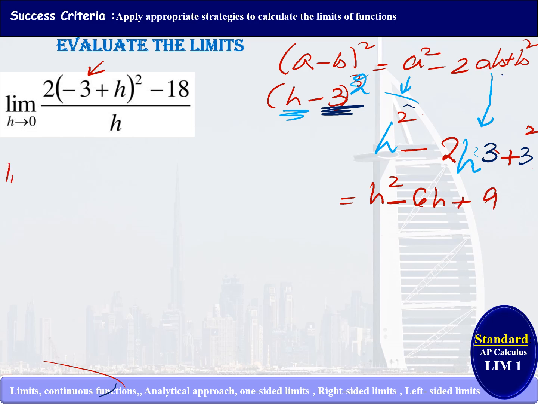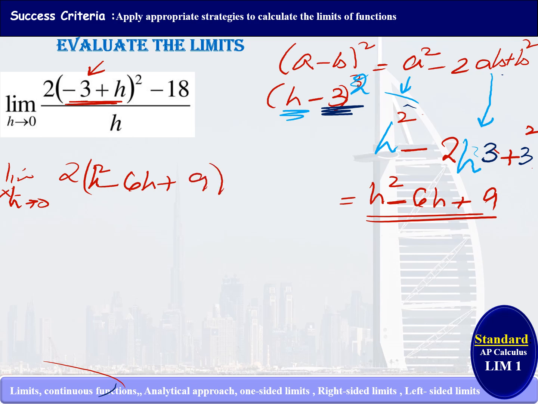Okay, now let's try to solve. Limit h approaches 0. So 2 as it is. This I already opened, so this I will write here, h square minus 6h plus 9. Then minus 18 outside, divided by h. Open the bracket using the distributive property.